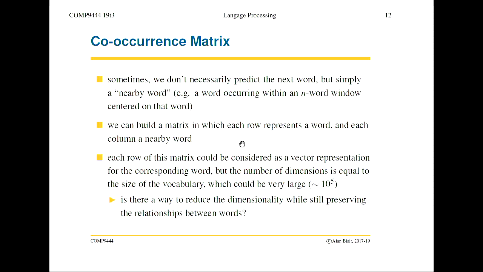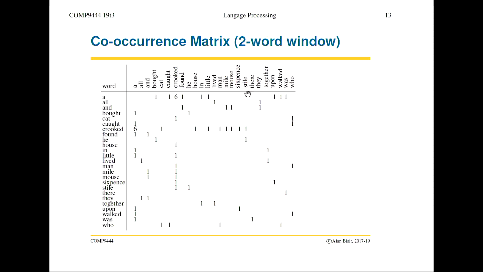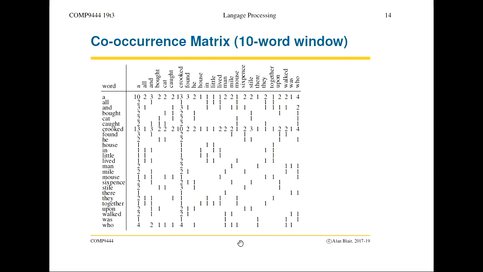So if we do this, again, it's a bit like the document classification. Each column could be taken as a vector representing the word. That's the idea. So we're looking at a vector space.